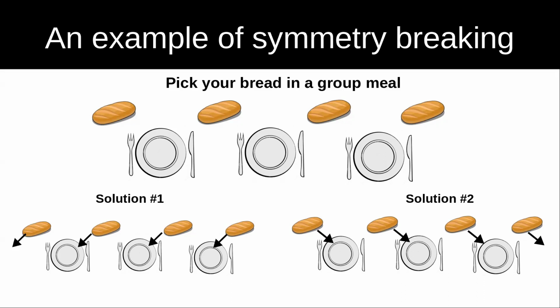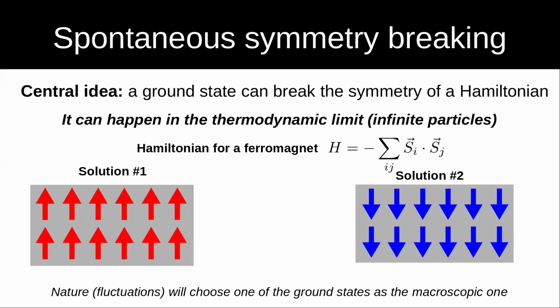This is, of course, perhaps a very simplified case, but you can think that this is effectively what happens, for example, in an Ising model. So the idea is the following. If you consider a Hamiltonian for a many-body system, so for example, the Hamiltonian of a ferromagnet, you can even think that this is a classical ferromagnet, then the set of ground states is symmetric. So if you have a solution with all the spins pointing up, you also have a solution with all the spins pointing down.